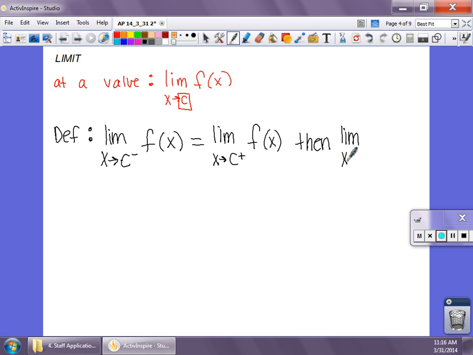And that limit has to be the same number. We'll just call it L. So the left side, right side have to be the same. Then the limit actually exists, so we know that.